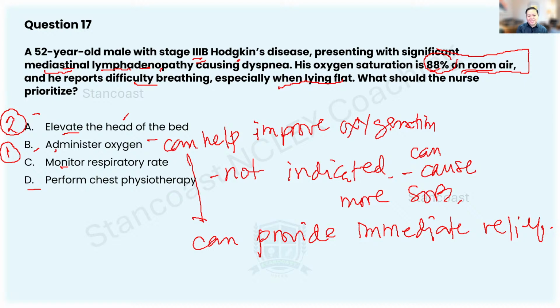I know, it's kind of like, hey, I'm just torn right now. But again, look into the benefits, the immediate effects of the oxygen when we are adding a supplemental form. We don't know if it's nasal cannula or mask. It's just supplemental oxygen. It's not specified. But looking into the therapeutic effects of the oxygen, it will better help the patient compared to just elevating the head of the bed.